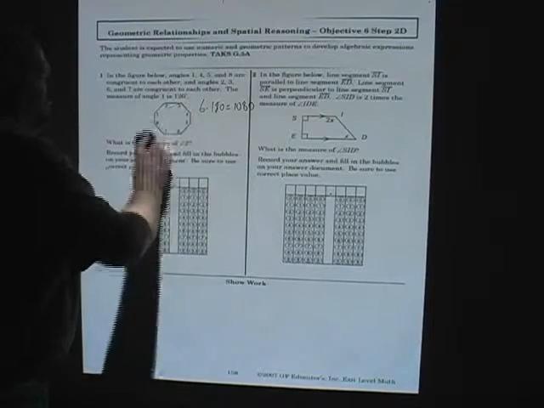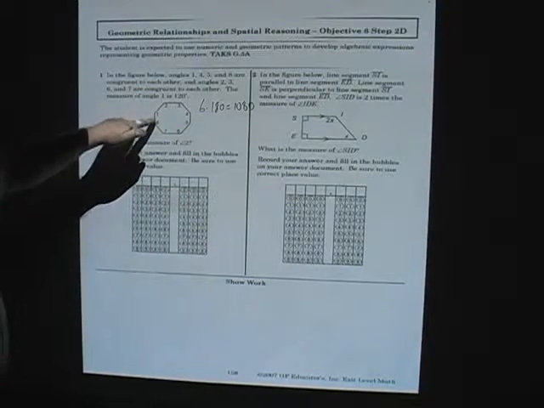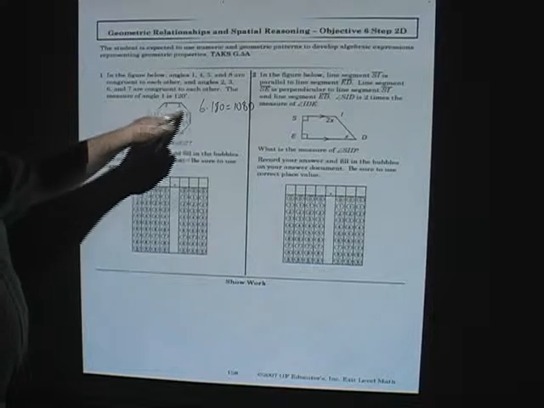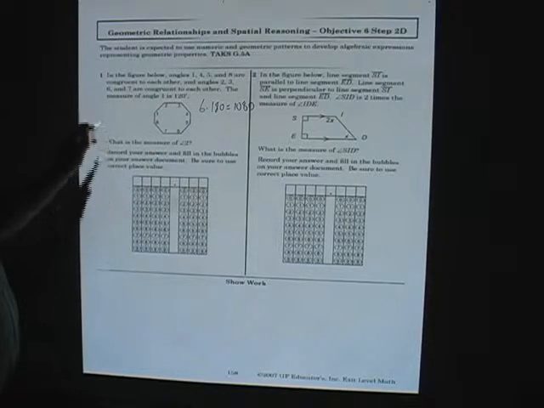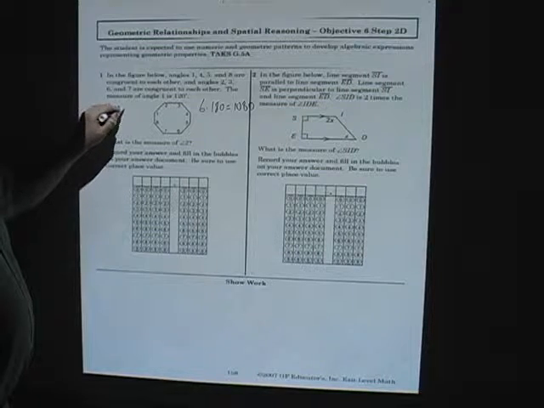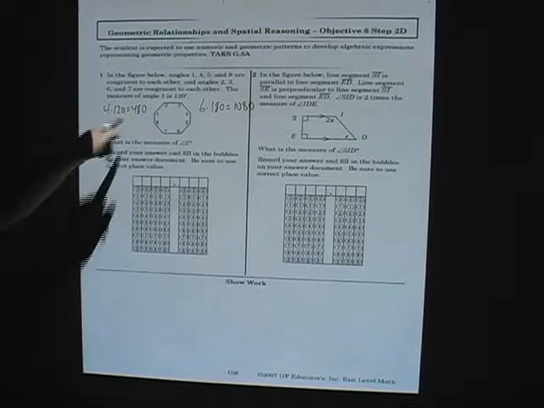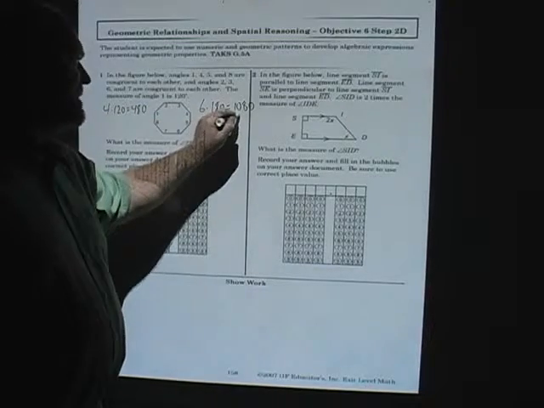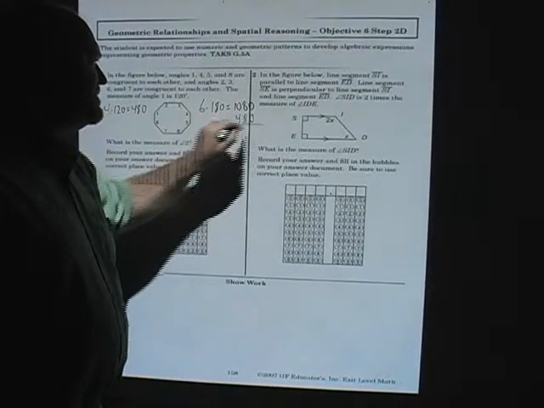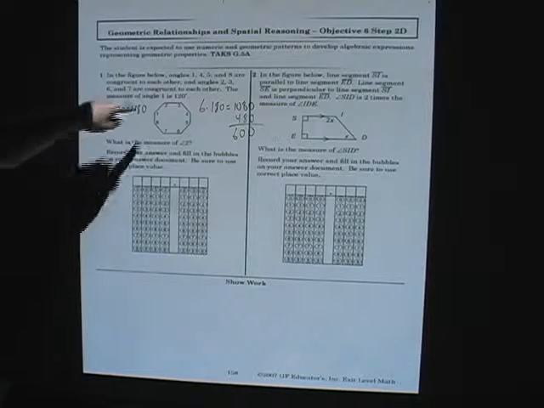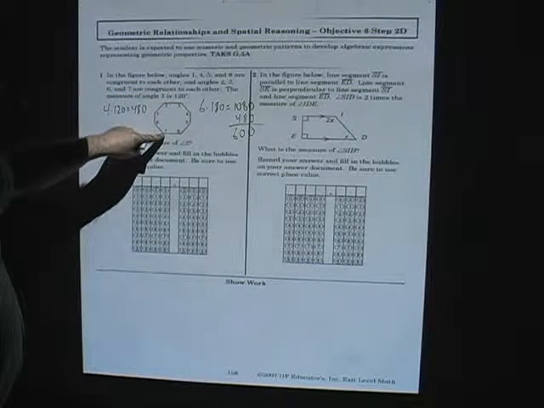Well, we were told that this is 120, which makes these others 120 here, all 4 of these. So I could say 4 times 120 equals 480. Subtract that from 1080. Leaves me with 600. So there's 600 degrees left, which has to be split up between 2, 3, 6, and 7.